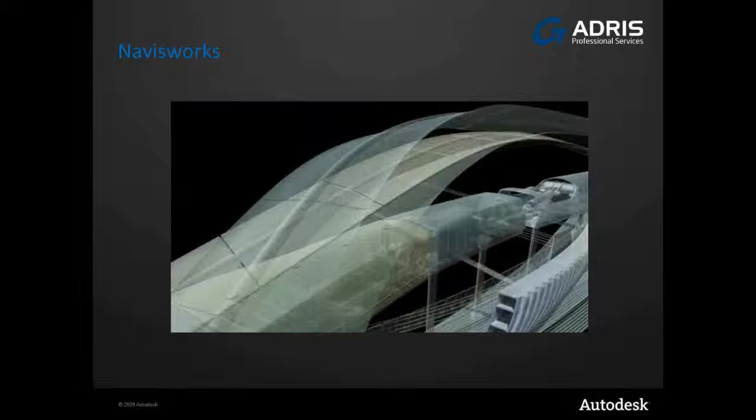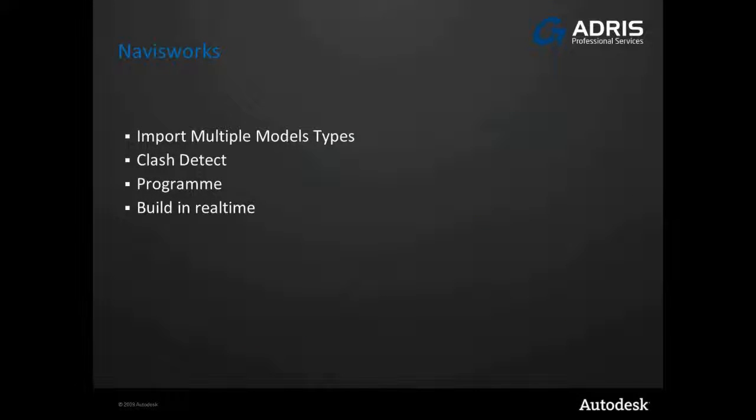Navisworks works on the principle of incorporating and converting from numerous file formats into its own native file format. So you can import multiple model types. You have a range of measurement tools, so you can measure from within Navisworks, and you can incorporate lots of different models from lots of different file formats and then start interrogating the model within Navisworks.